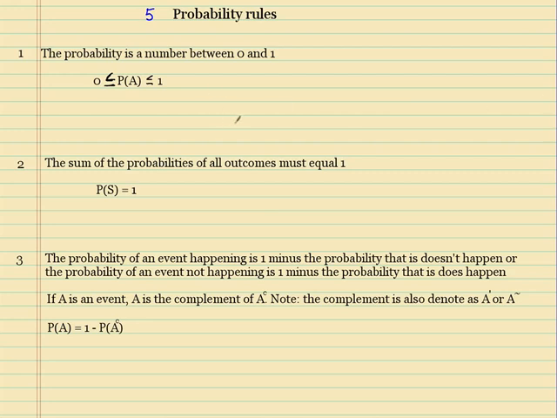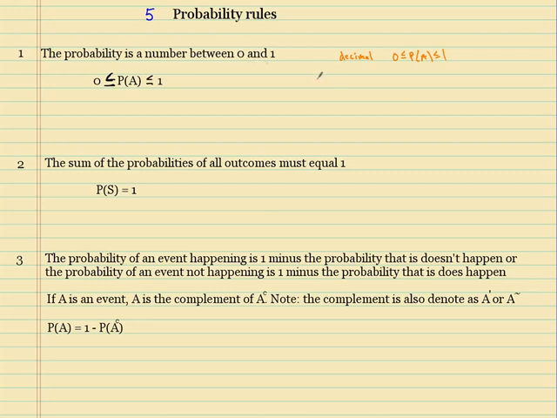So the first rule for probability is that it has to be between 0 and 1. This is how we write it. Basically it's going to be a decimal between 0 and 1. Now it can be 0.